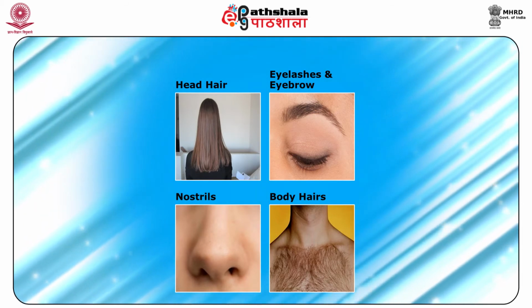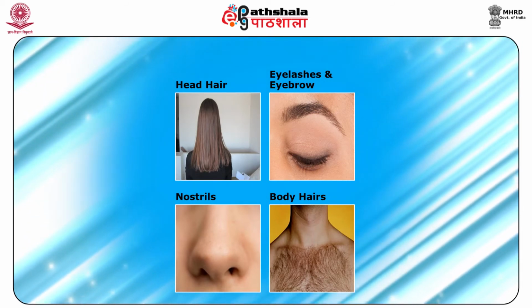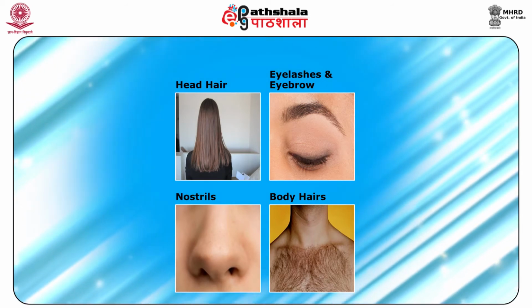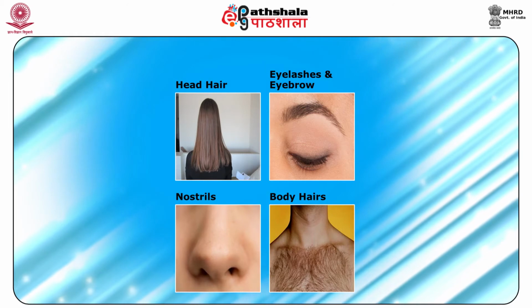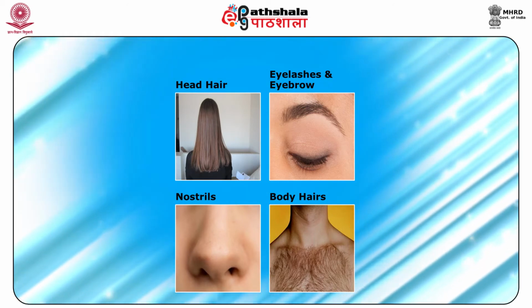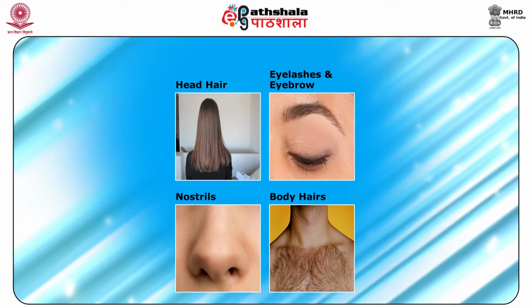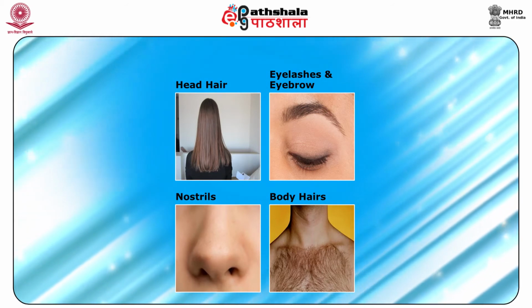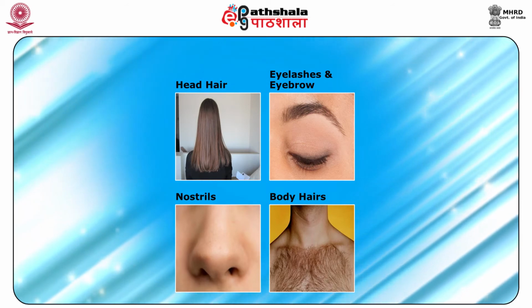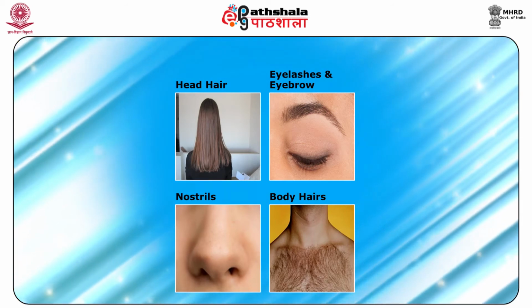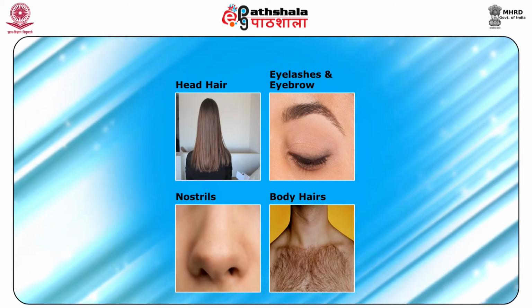Nostril hairs also help regulate the temperature of inhaled air before it enters the body. Human body hairs are connected to touch receptors in the skin that allow us to feel and, in that sense, collectively serve as a protective warning device.